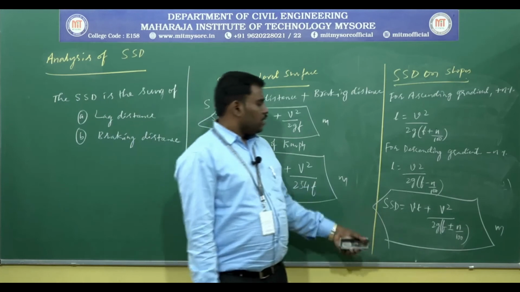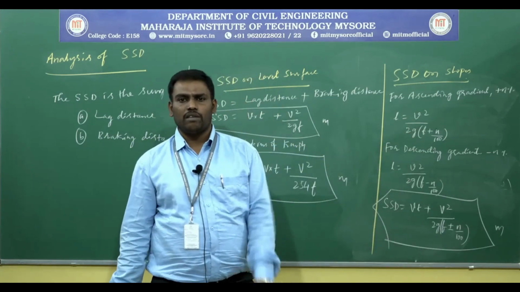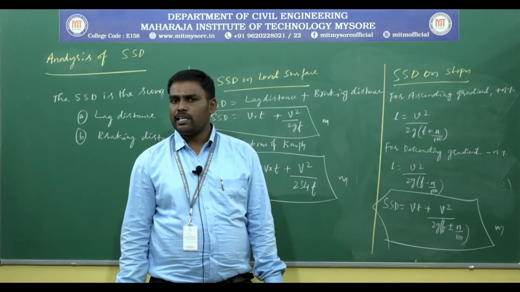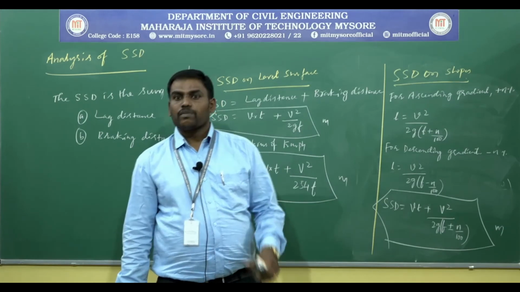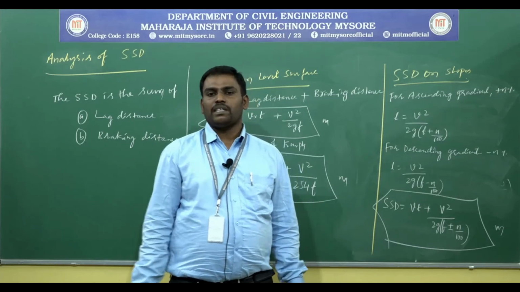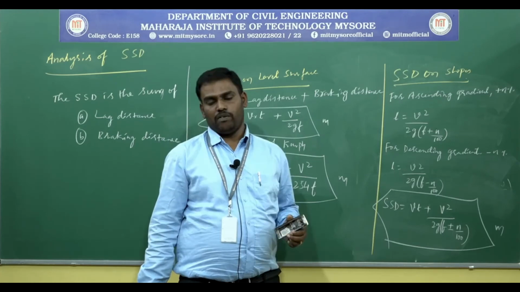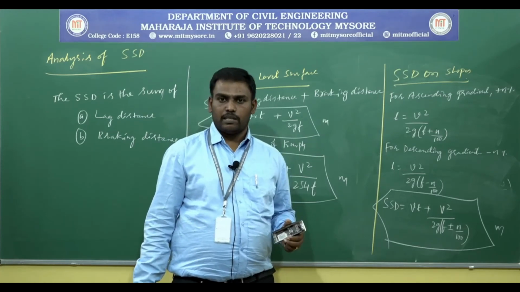And here the value of F, the coefficient of friction, or we can say longitudinal friction, depends on design speed. The values of F may not be given in your stopping sight distance problems, so you should know the value of F for the respective design speed.